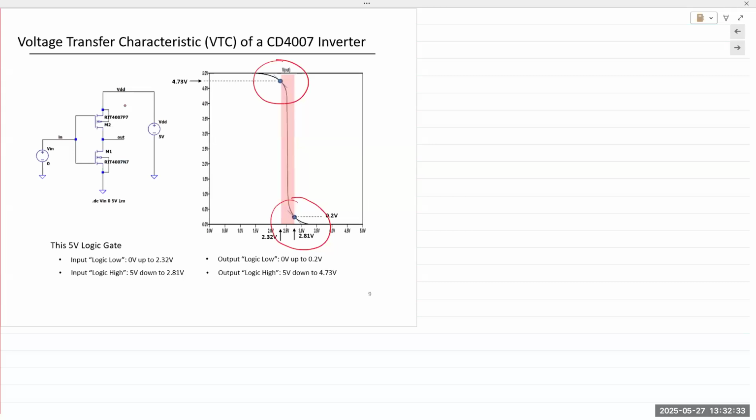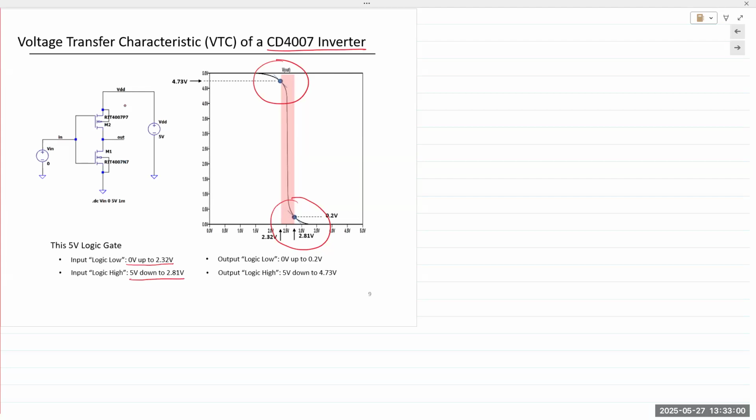Okay, so in the CD4007 logic inverter, take 2 of those and you can run the simulation. If you apply 0 to 2.32 volts, it is considered to be logic 0 on the input side. And 2.81 and above is considered to be logic high.